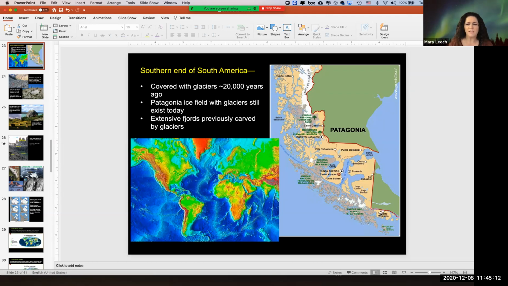There's some fantastic stuff that you can do as a tourist. But these are fjords. These are considered fjords in the tip of South America, kind of like Norway even. The landscape is just beautiful. Still lots of glaciers. And of course, it was covered 20,000 years ago.